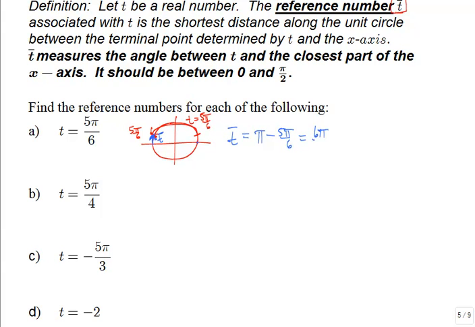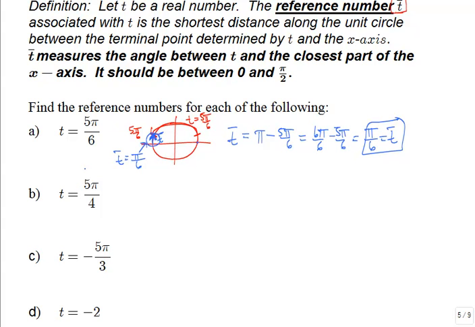Pi is 6 pi over 6. So when I subtract 5 pi over 6 from that, that makes t bar equal to pi over 6. In other words, this little distance right here is a distance of pi over 6. So the reference number for this terminal point is a pi over 6 angle.